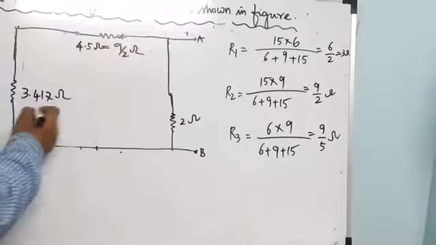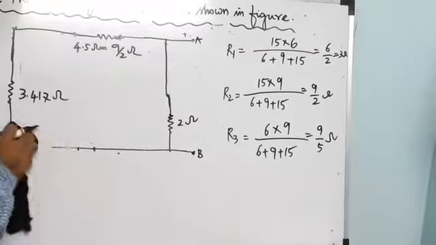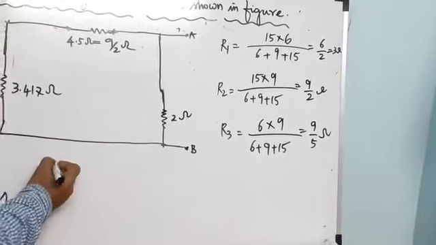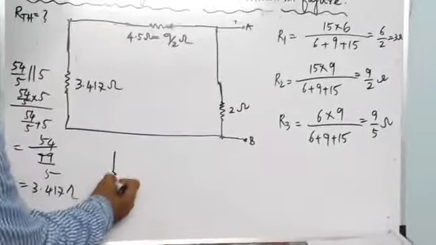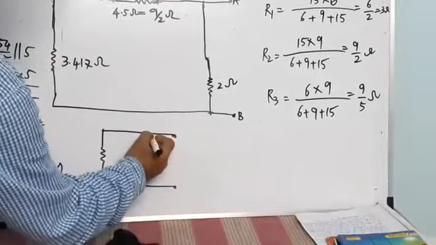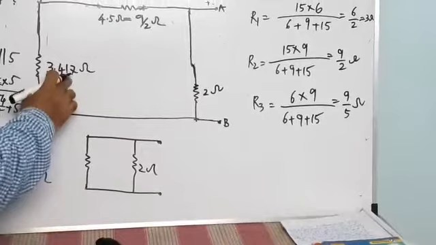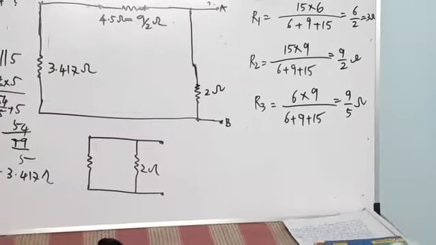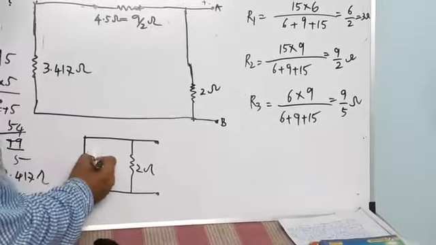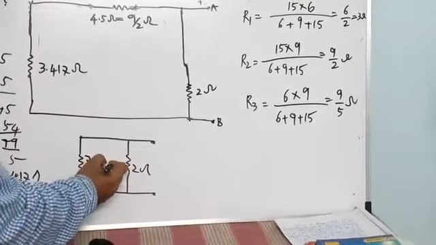Now this is 4.5 ohm. These two are connected in series, so again we write the equivalent circuit. Here is the 2 ohm, and these two become 3.417 plus 4.5, which is 7.917 ohm.